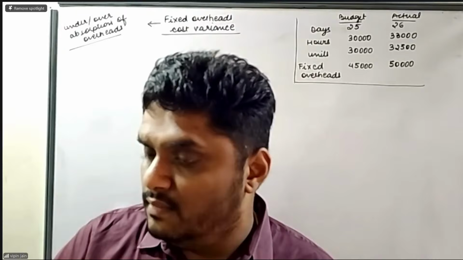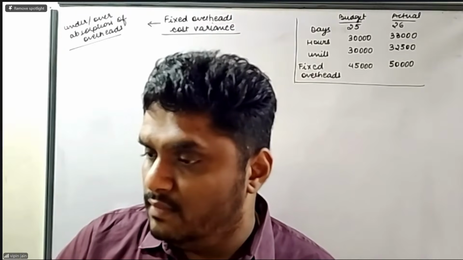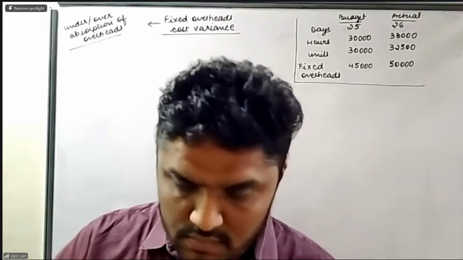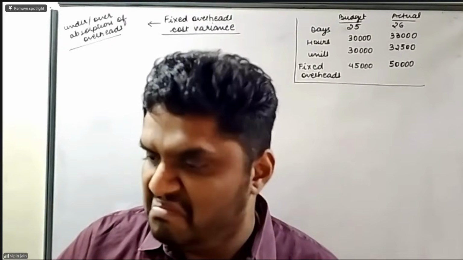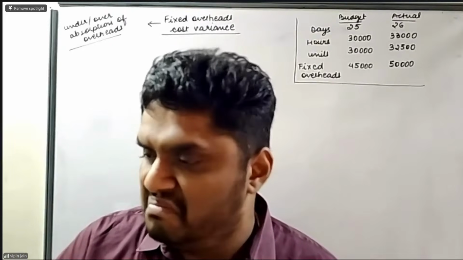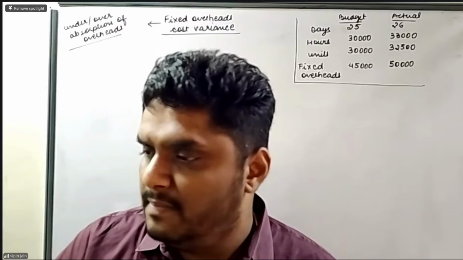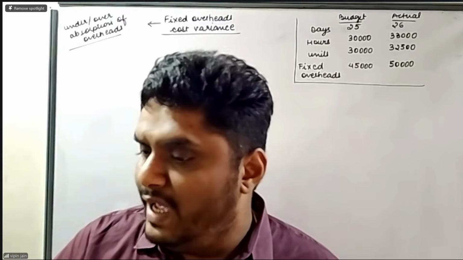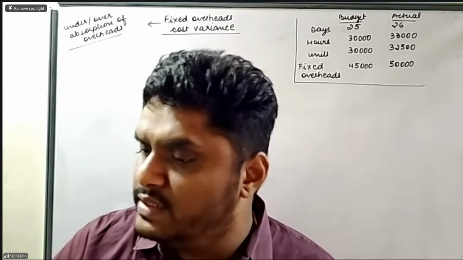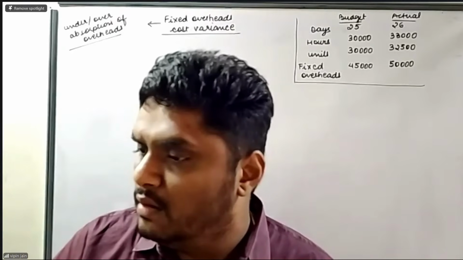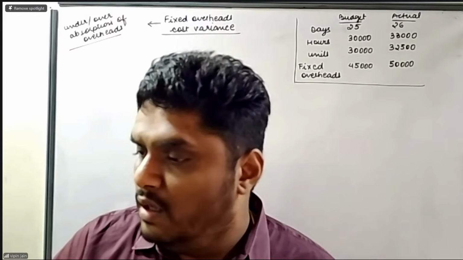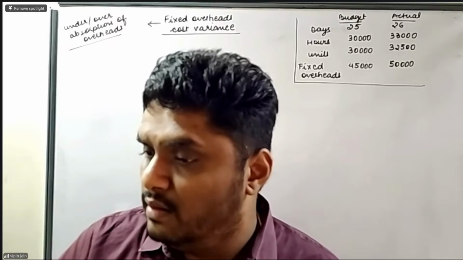When in costing, overheads are absorbed not on actual basis but on some other basis. And under absorption is when we absorb less than actual. Can I explain?